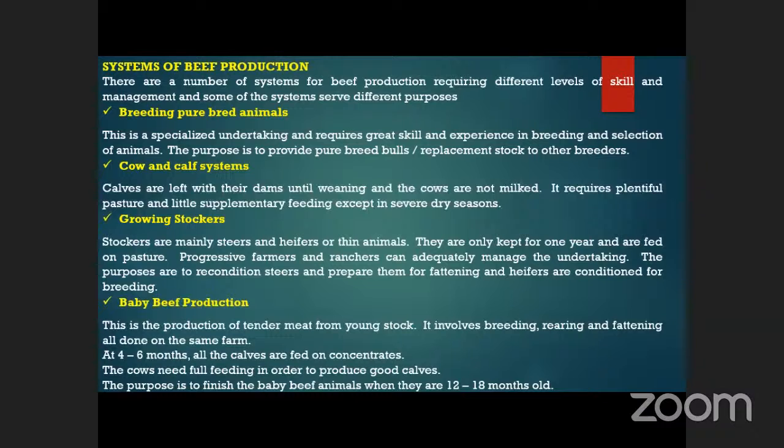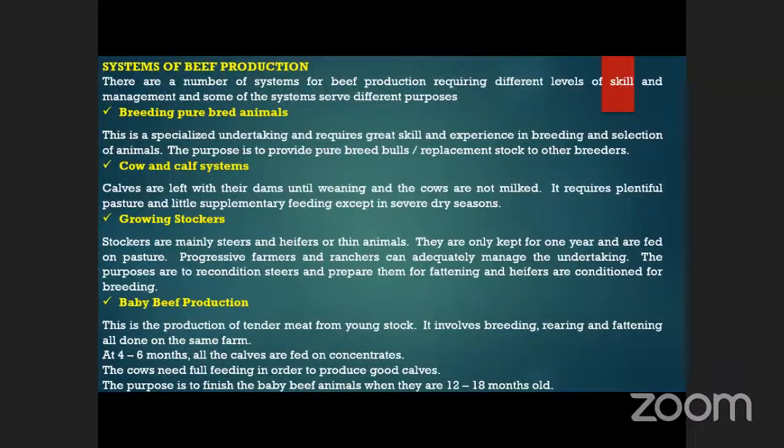And some of the systems serve different purposes. Okay? The different ways of rearing these beef animals are different in number, and they also have different purposes and require different skills.